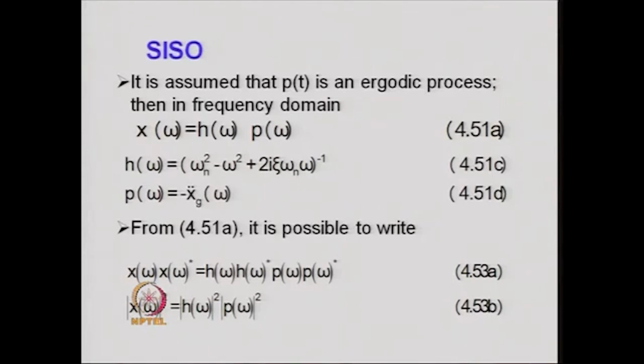In the single input and single output case, we have only a single degree of freedom system in which the excitation is, say, P(t) and the output from the process is x(t). That is shown here in this particular figure.